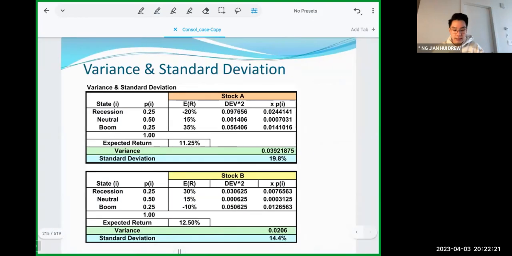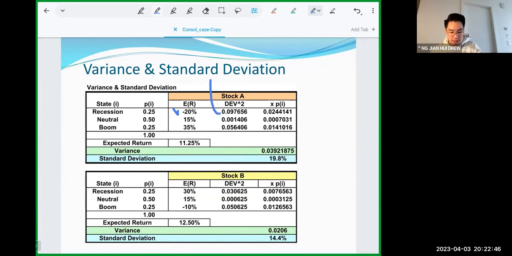So this is an example of how we do it. So we have the expected returns here, right? So remember for standard deviation, we are taking the particular return minus the mean, right? Mean meaning the expected return. So you take 20. So how do we get this amount here?